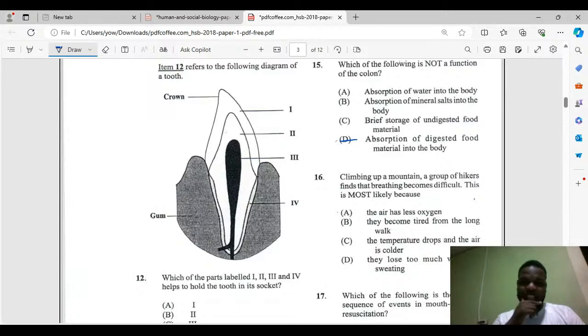So you're saying it is A. The answer is A, guys, because the higher you go, the less oxygen there is.